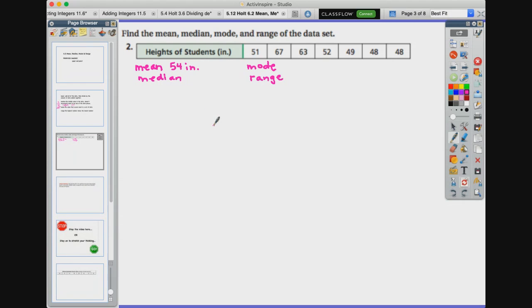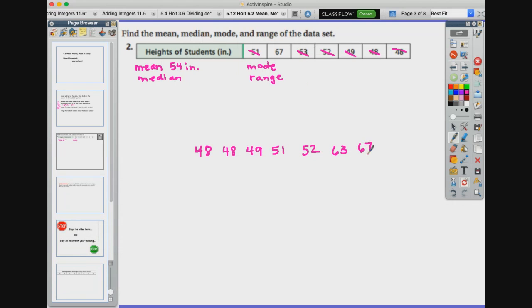So next we're going to go to median. Now with median, I want to put my numbers in order from smallest to largest. Now, what ends up happening is I'm going to have to look here and keep checking. But in order to make that a little bit easier for myself, I'm going to cross out the ones that I've already used so I don't waste time looking for ones that I haven't used, and I make sure I get all of my data written down in the correct order.